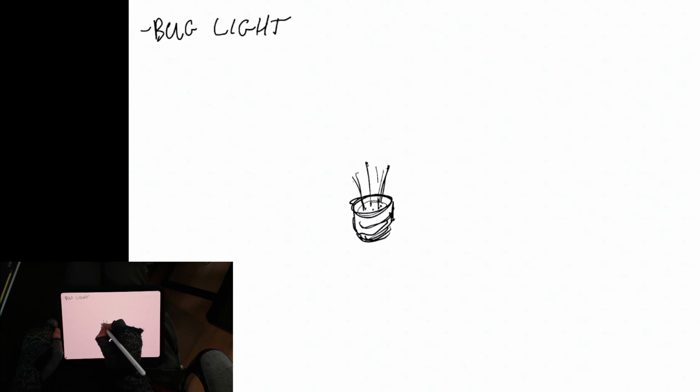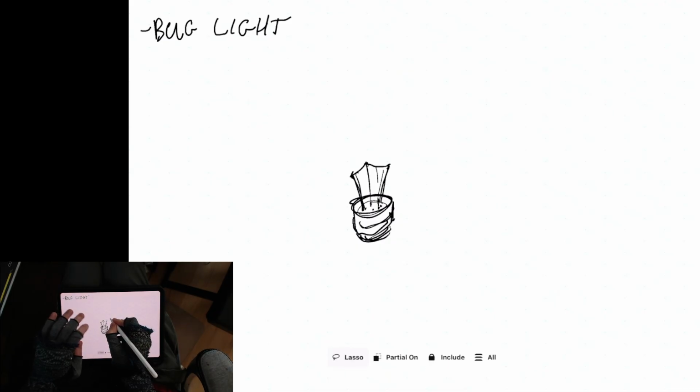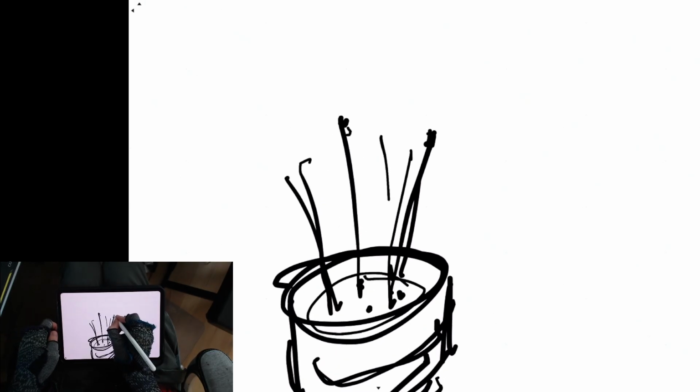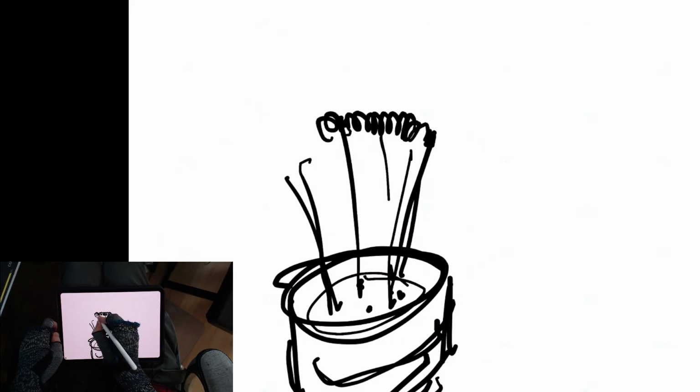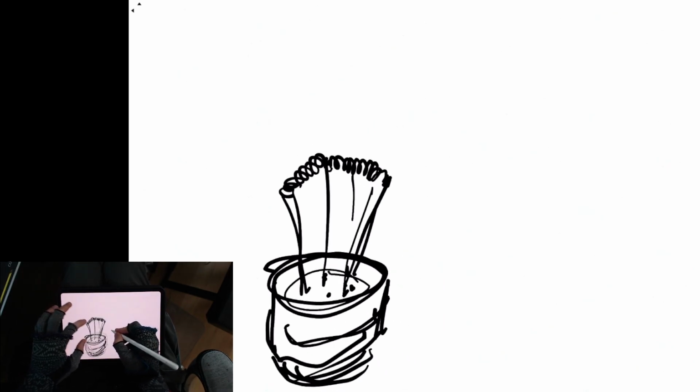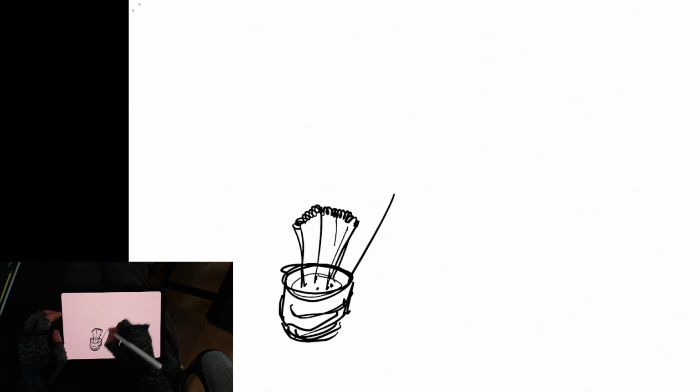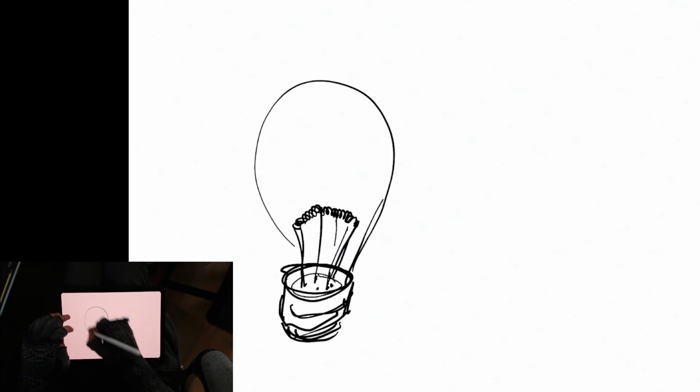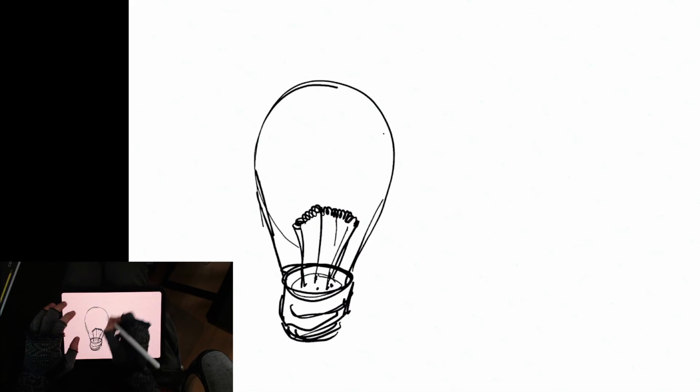You have these posts, you have a filament, and your filament is, right, something like that. It's got a whole bunch of coils, coils within coils, right? And then there's a glass bulb over the whole thing.